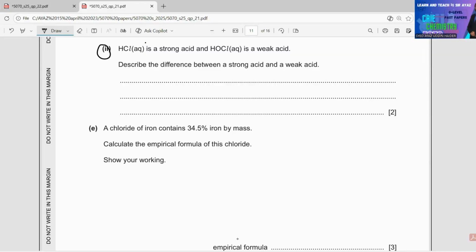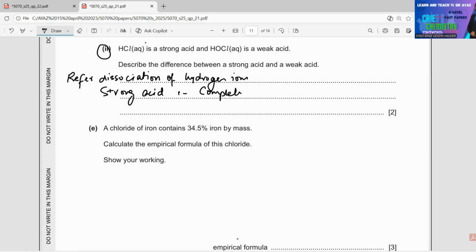Part 2. HCl is a strong acid and HOCl is a weak acid. Describe the difference between strong acid and weak acid. You have to explain in terms of the dissociation. Refer dissociation of hydrogen ions. So strong acids completely dissociate or ionize to produce hydrogen ions.